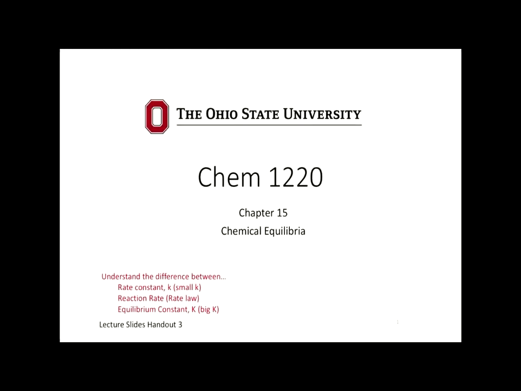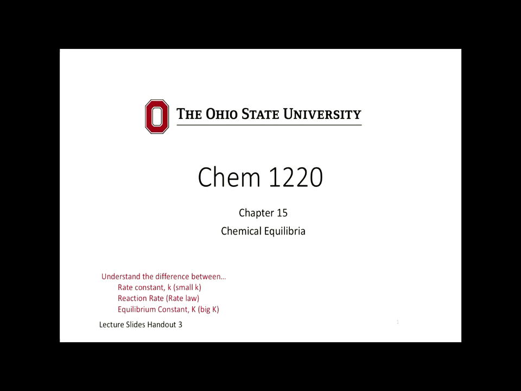Okay, so we talked about in chapter 14 kinetics, small k, little k, baby k. That k is called what? Rate constant. Rate constant, small k, baby k. Rate constant lives inside your rate law. Rate equals little k times concentrations of stuff, right? That little k.